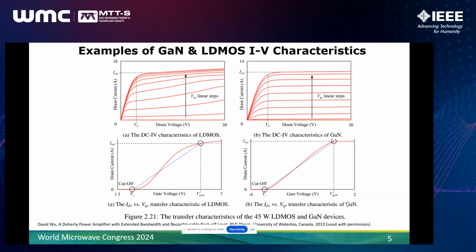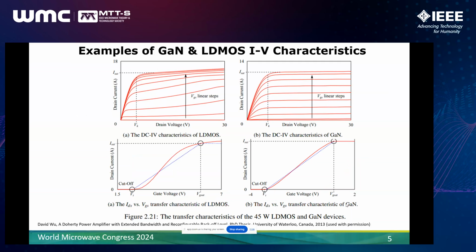All right, so if you haven't looked at power devices, here's an example of 2 power devices, perhaps more on the infrastructure side. On the left is a high power silicon LDMOS device. And to the right is a gallium nitride device.